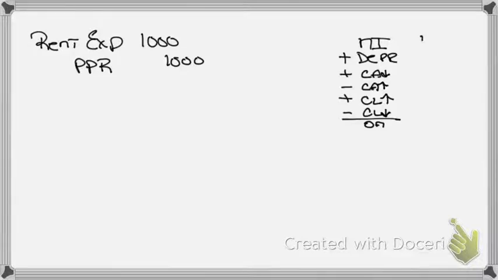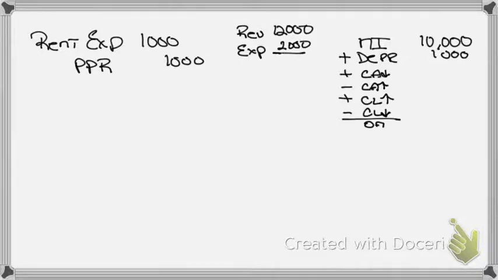Our net income was $10,000. We added in $1,000 for depreciation. So down here we have revenue of 12,000, and then we have expenses of 2. And so that gave us a net income of $10,000. Okay?